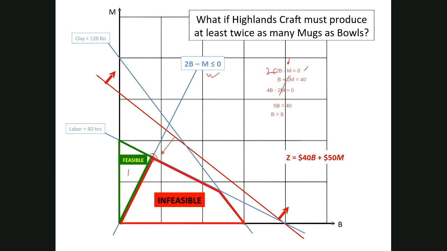And if b is 8, 2 times b is 16. 16 equals m. So the new solution is b equals 16, m equals 8.